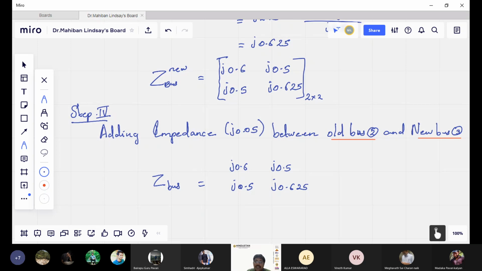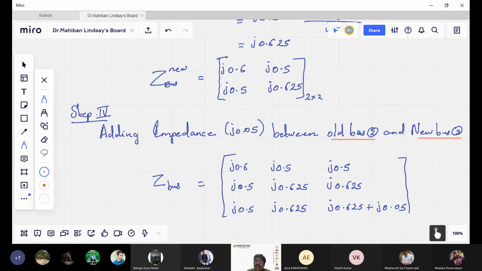The same values come here, j0.5 and j0.625, and here also j0.5 and j0.625. For the diagonal element we have to add the value, that is j0.625 plus j0.05.